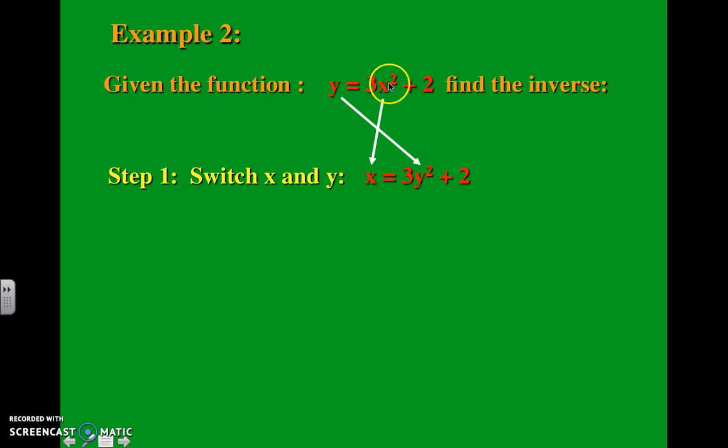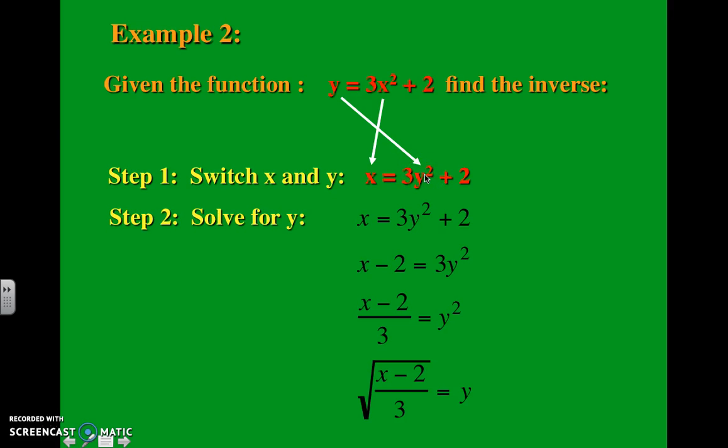So even though it's x to the second power, just x comes over here and just y replaces it. If you solve for y, you can subtract 2 from both sides, so you get that. Divide by 3 on both sides, you get this. And you're almost done, but you still have a y squared, so you would have to square root both sides. And that will leave you with that. And there you go.